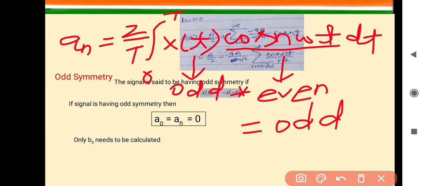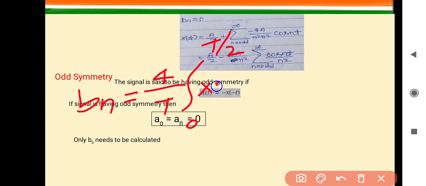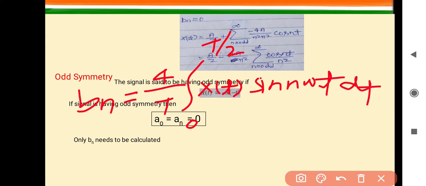That's why the values of a naught and an are equal to 0 if the signal has odd symmetry, or rotation symmetry. We have to calculate only the value of bn, which will be equal to 4 by T integration from 0 to T by 2 of x(t) sin n omega t dt.